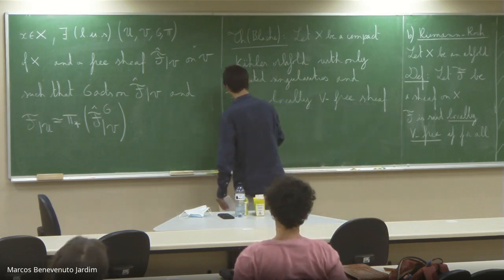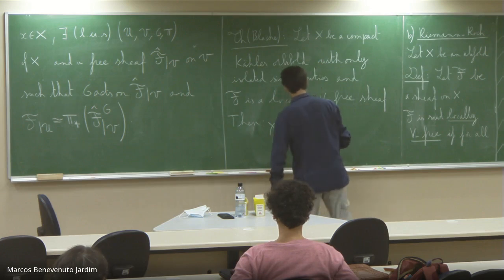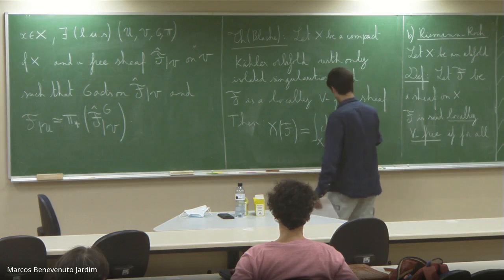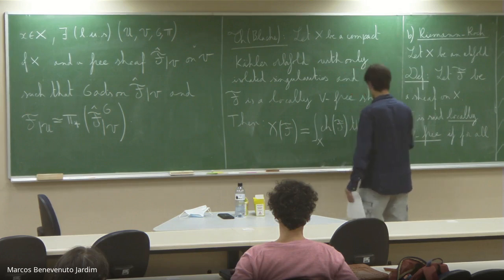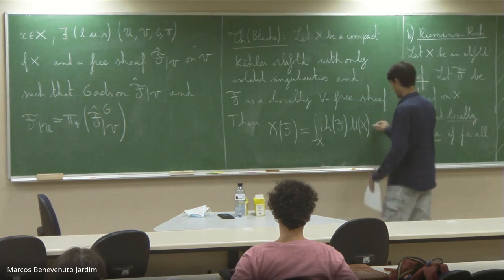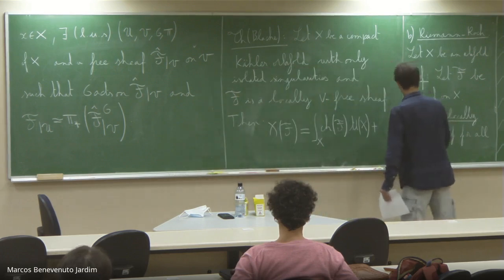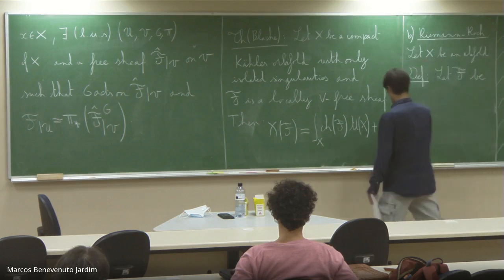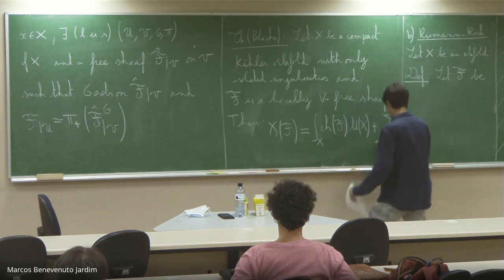Then there is the Euler characteristic of F. So the usual term that appears in the smooth case, ch of F times the Todd class of X, but we will have a correction corresponding to the singularities. Like that. So here it will be a little bit technical, but I will explain what it means.